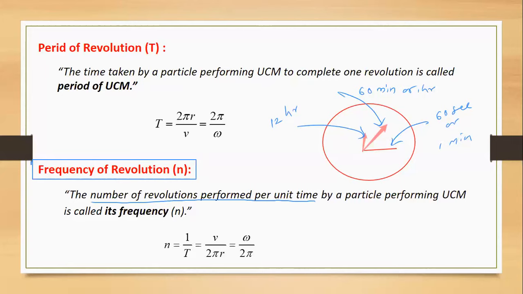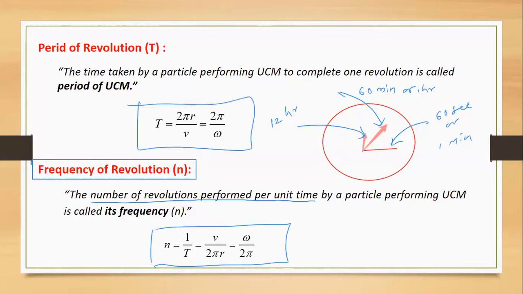Number of revolutions per second is the frequency, and the frequency formula is the reciprocal of the period. We already learned the formulas of period, so we have to take the reciprocal here, and we get the formula of frequency. Now one more thing we can discuss: the generally used unit is revolution per second, RPS, or RPM.